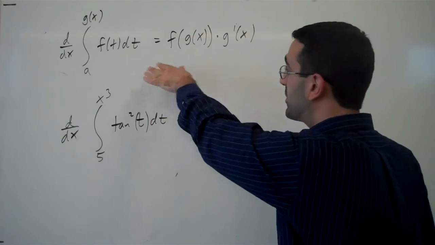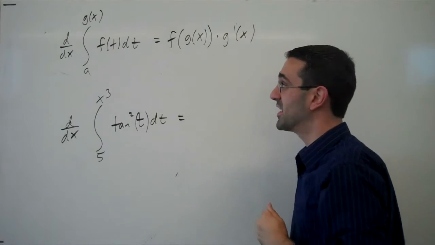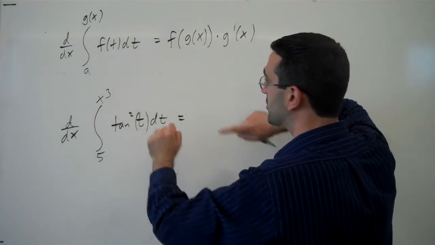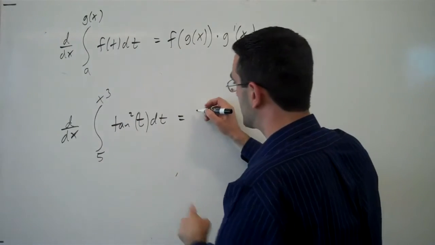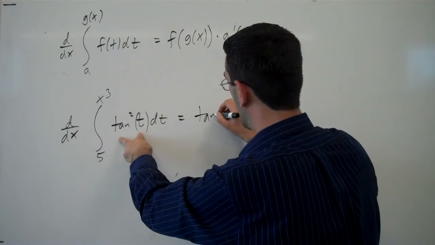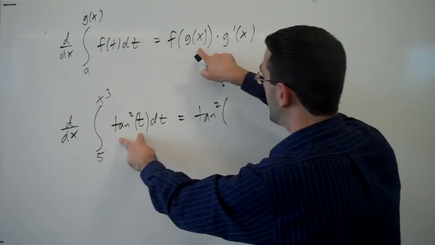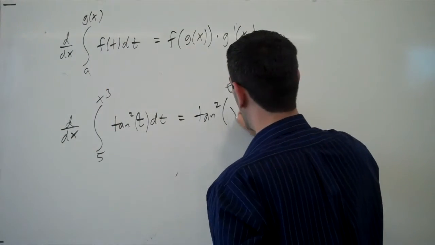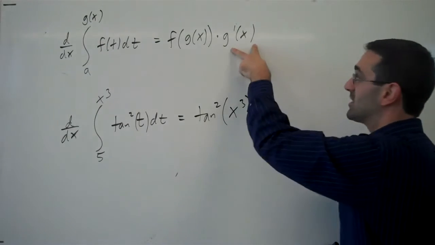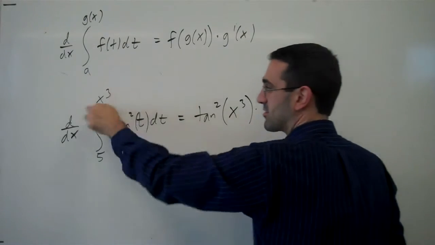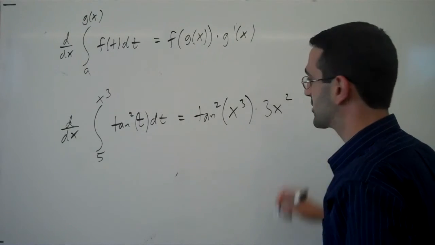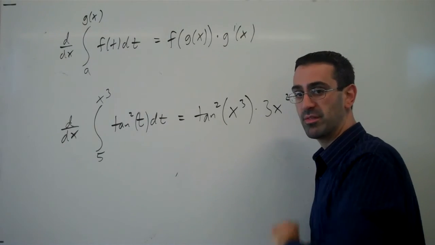The fundamental theorem, the version that we just derived, said the derivative will undo the integral, getting me back to the original function of tangent squared, evaluated not at x, but at this function, so at x cubed, times the derivative of this function here, right? So times a chain rule, so times 3x squared. And there's the derivative of the integral.